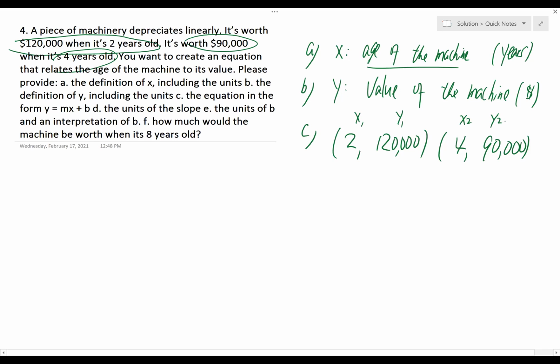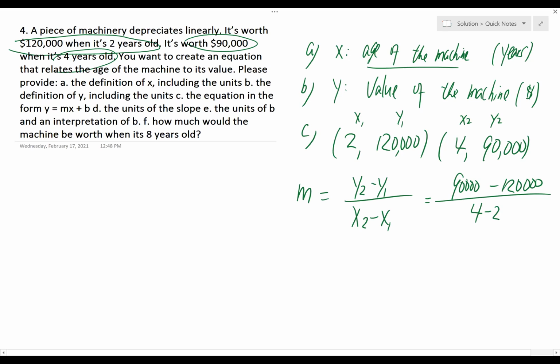Now let's find the slope. Slope equals y2 minus y1 over x2 minus x1. So 90,000 minus 120,000, divided by 4 minus 2. This turned out to be negative 30,000 over 2, and the result is negative 15,000 per year, if you want to put in the unit.